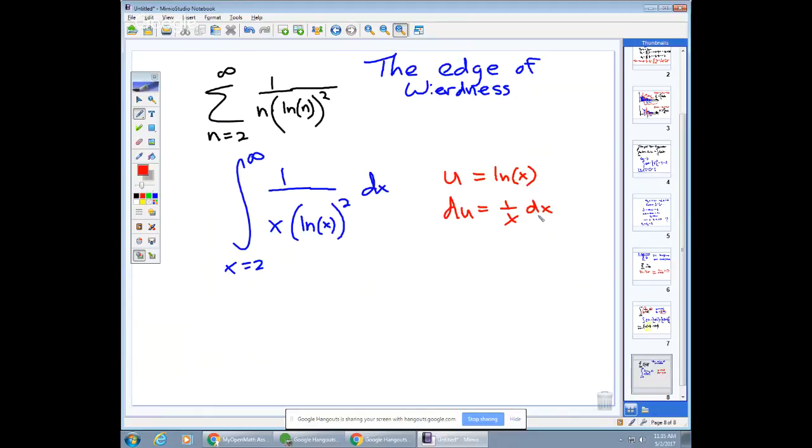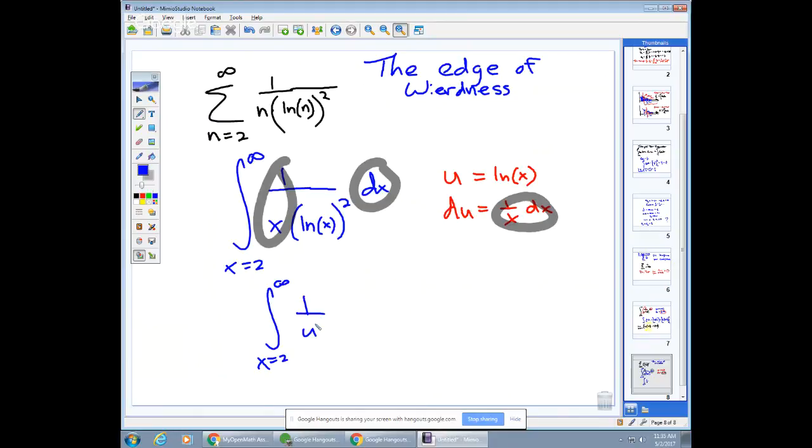And this is all looking lovely, right? Here's my 1 over x dx. So I now have the integral, and I'm going to ignore the boundaries, or I can write them in as x's, but I can't plug them in yet, of 1 over u squared du.